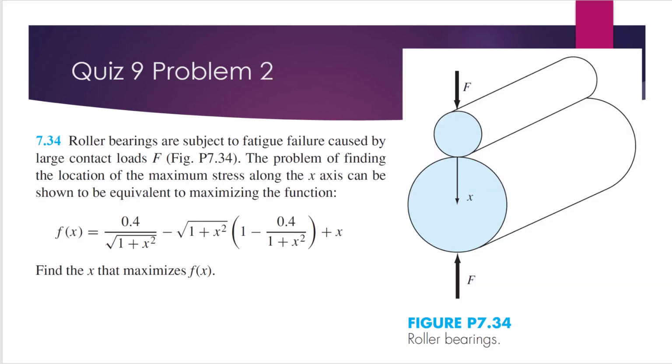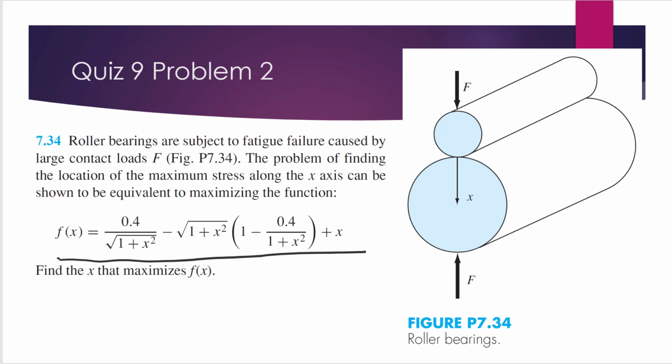Roller bearings are subject to fatigue failure caused by large contact loads F, as shown in this figure. The problem of finding the location of the maximum stress along the x-axis can be shown to be equivalent to maximizing the function f(x), which is shown here. It asks you to find x that maximizes f(x). Maximizing f(x) equals minimizing negative f(x), right?